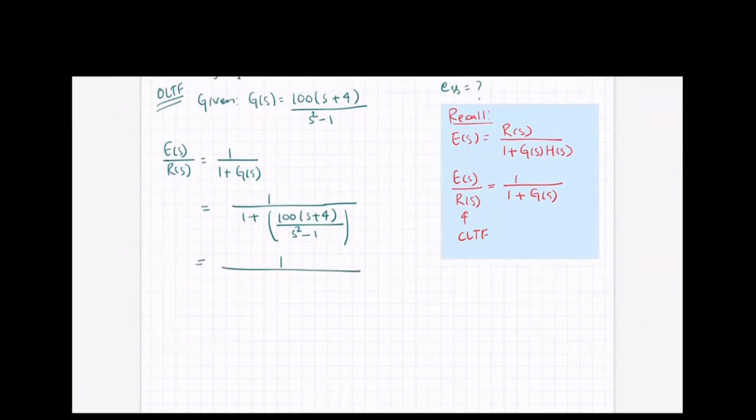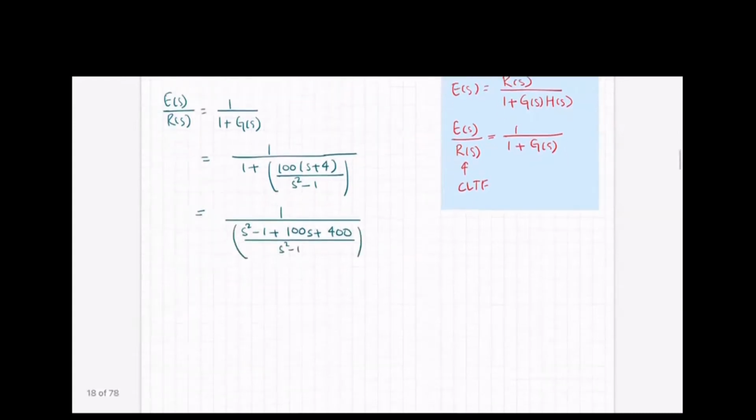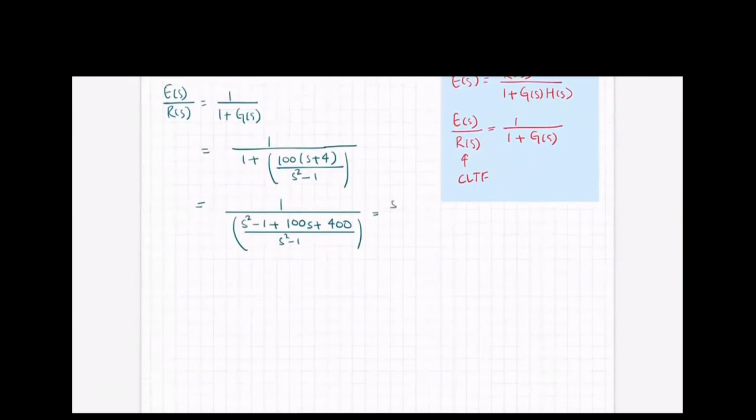I can write 1 over S squared minus 1 plus 100 S plus 400 divided by S squared minus 1, which is equal to S squared minus 1 over S squared plus 100 S plus 399, because 400 minus 1 is 399.